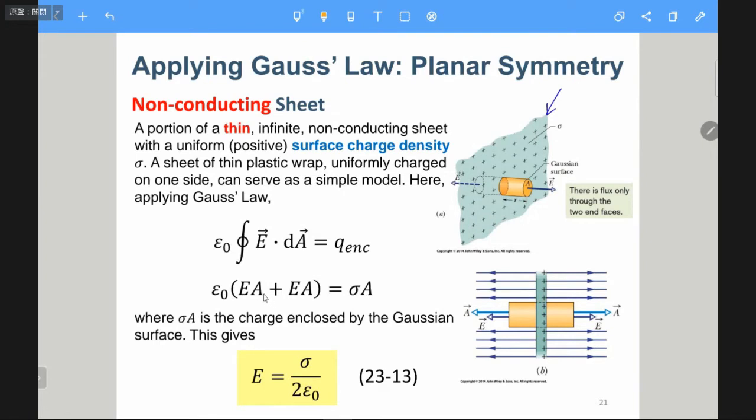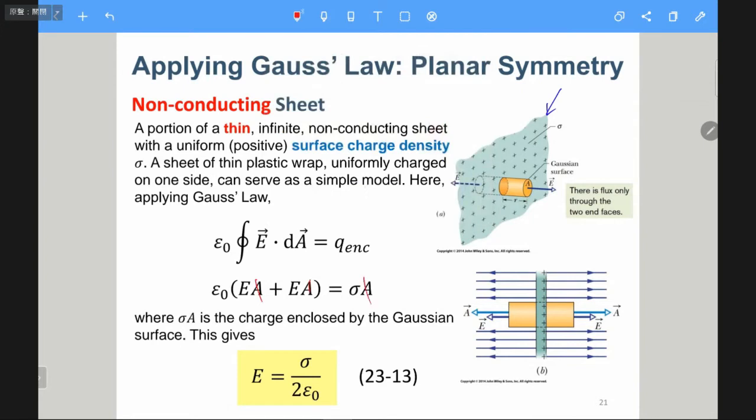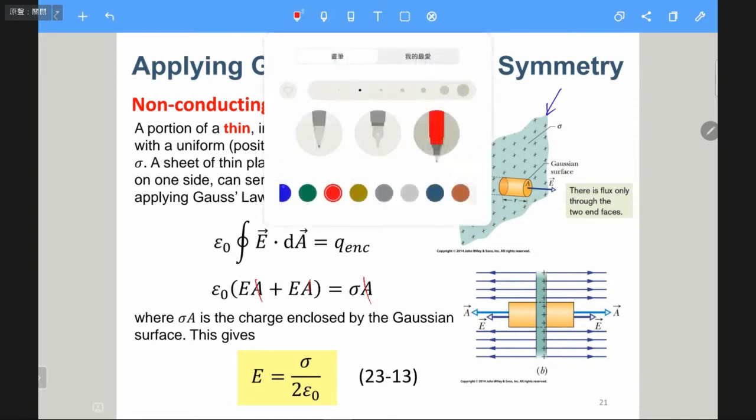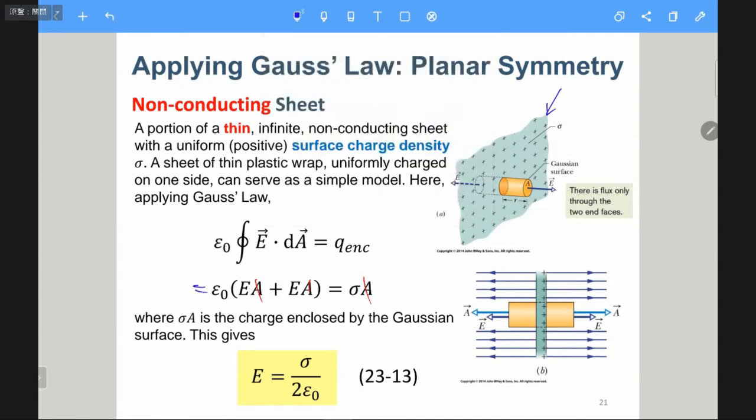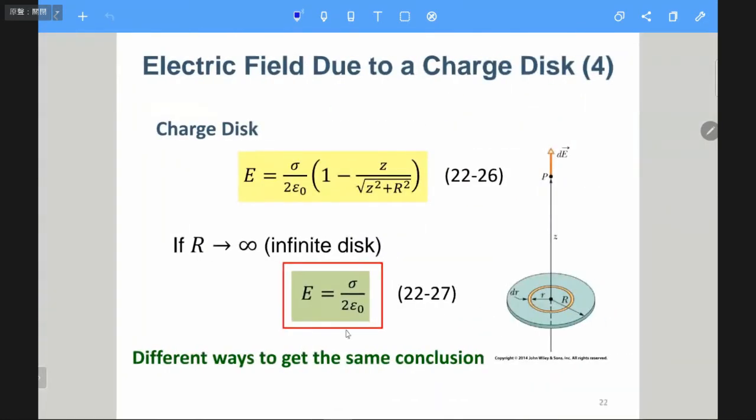Finally, A could be cancelled, so we have 2 epsilon naught E equals sigma. So E equals sigma over 2 epsilon naught, which matches this one.